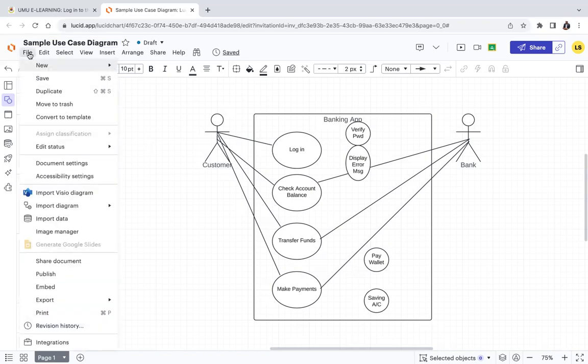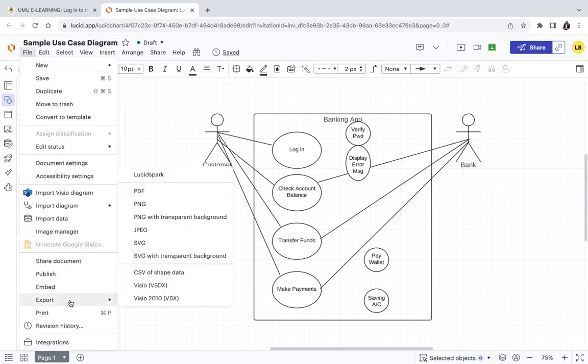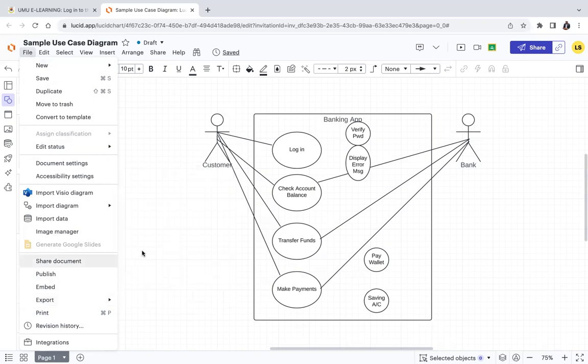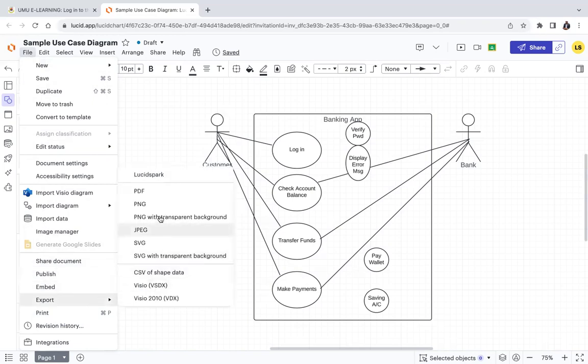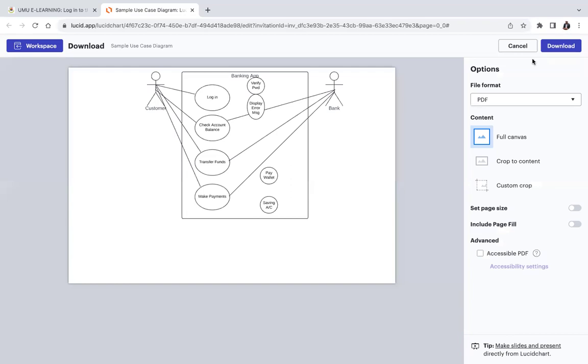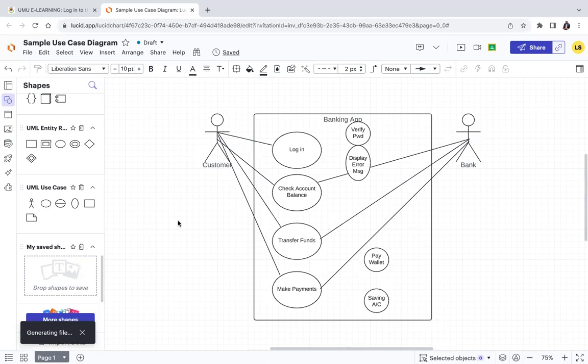So we can even go to export it. You can import. You can do anything you want. But now for purposes of assignments, I think you can export this to PDF so that we have it in a better way. But as you name your document, make sure that it has your name somewhere.